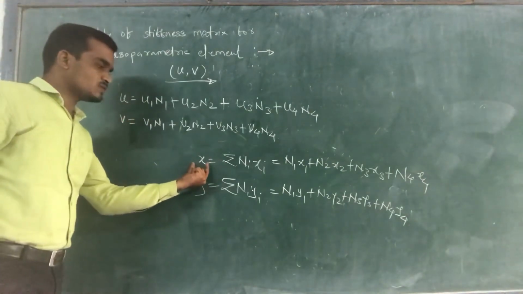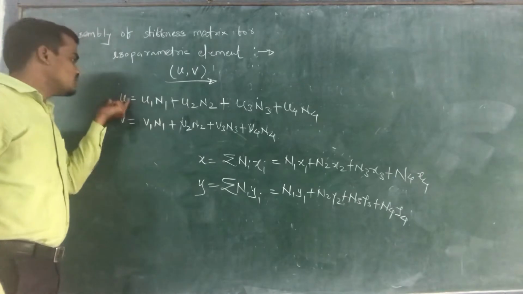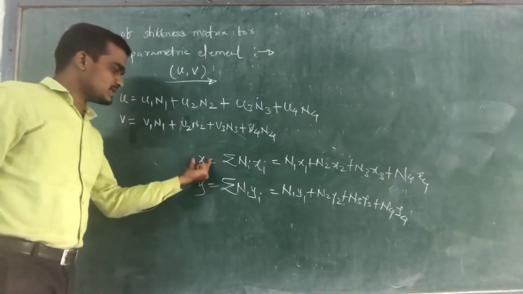First we have written x and y, then we have written u and v by taking the reference of this x and y.